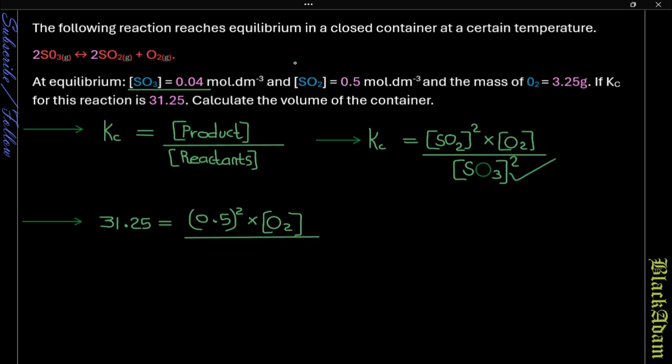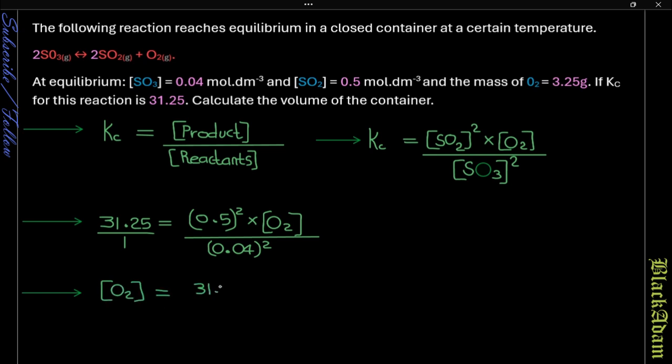So we have sulfate there at 0.04 mol per decimeter cubed, so it's going to be 0.04 to the power 2. And then that's over 1, so we cross multiply.